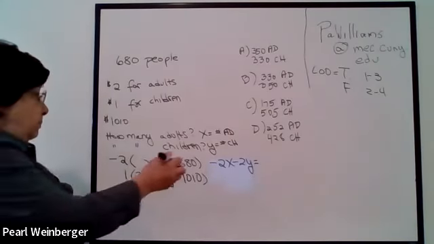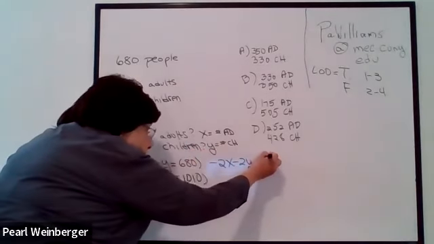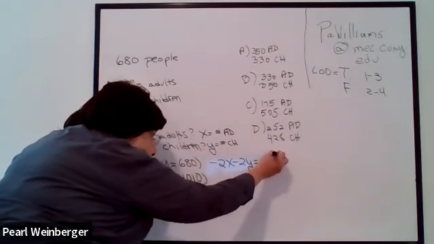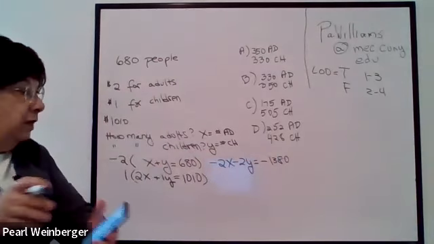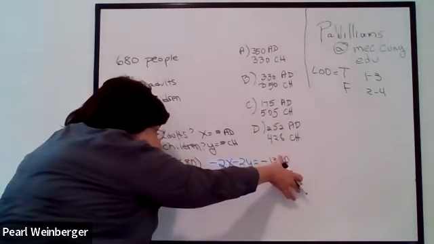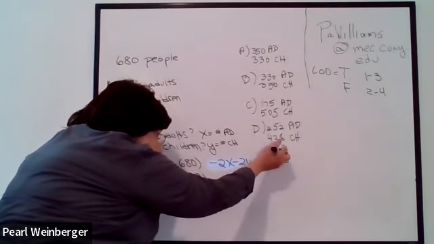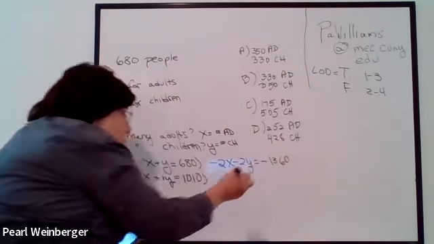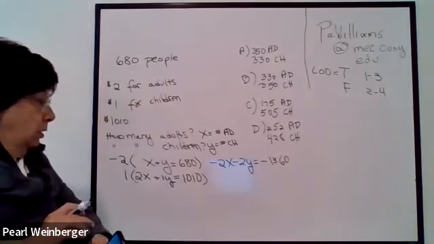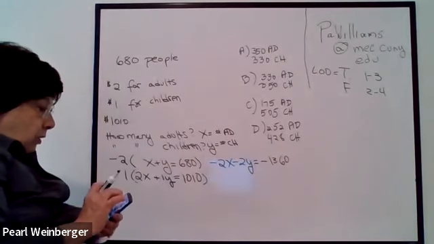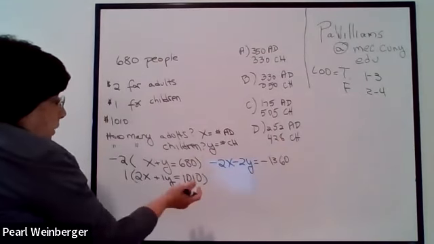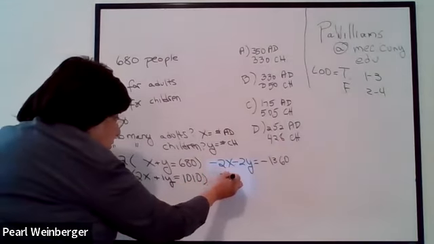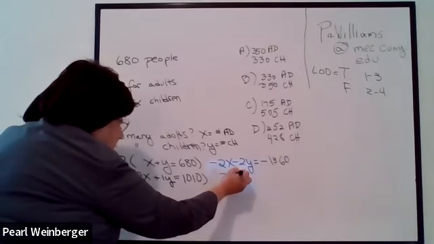Okay, and this gives me -1380. I'm sorry, -1360. The bottom equation, we're multiplying by 1. Well, when you multiply by 1, you're not doing anything, you're just repeating it.